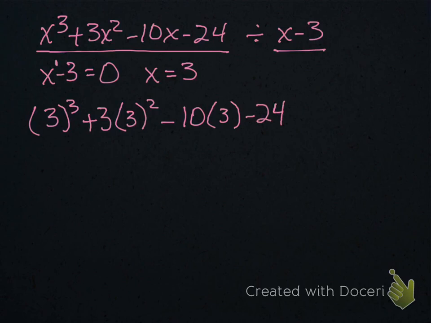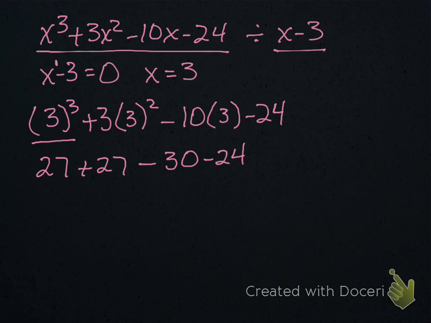All right. So we've got 3 cubed. 3 times 3 is 9 times 3 is 27. Okay. And then 3 times 3 squared. So 3 squared is 9 times 3 again is 27. Minus 30, because 3 times negative 10 is negative 30. Minus 24.